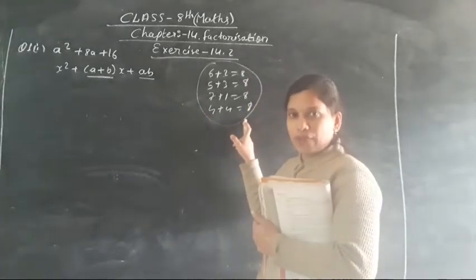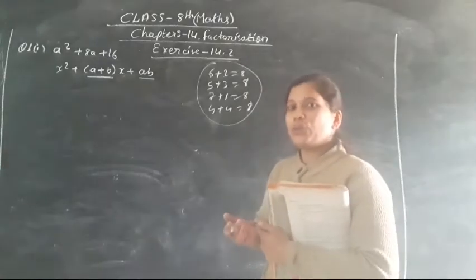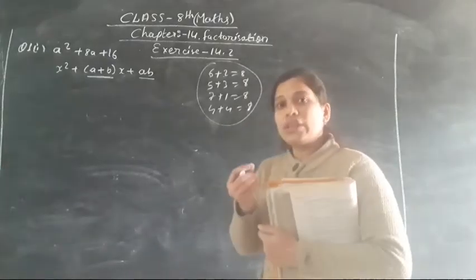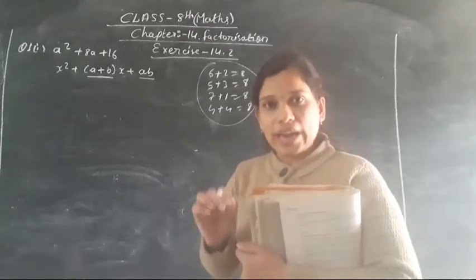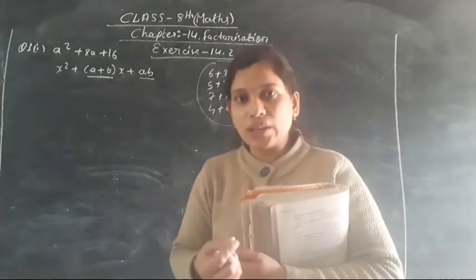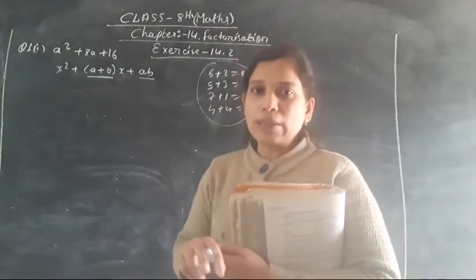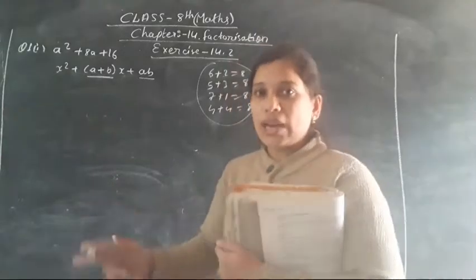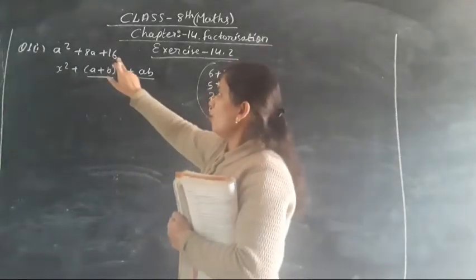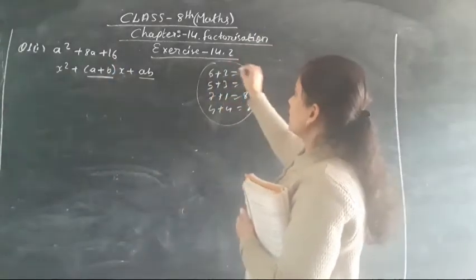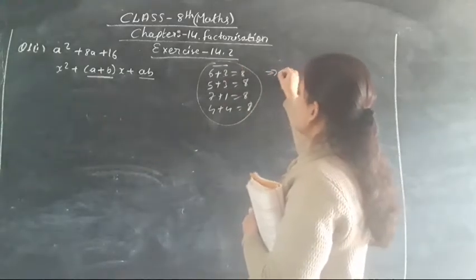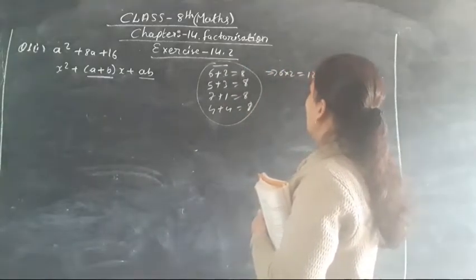So which number do we have to take? Dear students, as I told you beforehand also, you have to take such two numbers which should be added or subtracted to get the middle term, and the same numbers should be multiplied to get the last term. Last term means this number. If we multiply these two numbers, 6 into 2, we will get 12.